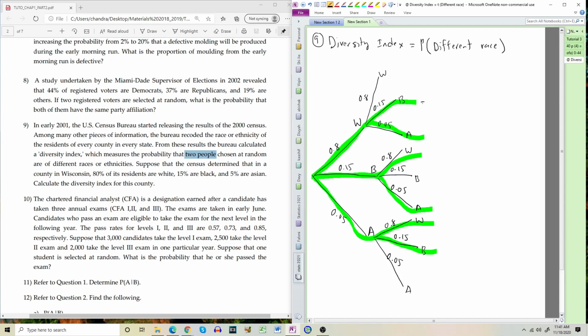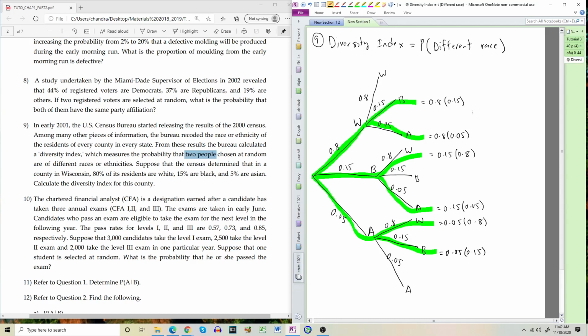This one would be 0.8, 0.05. These are the things.